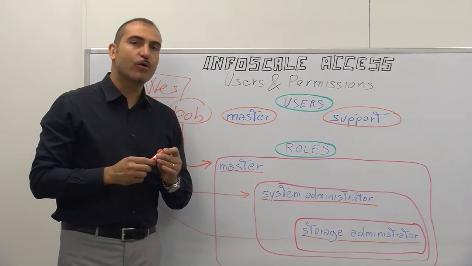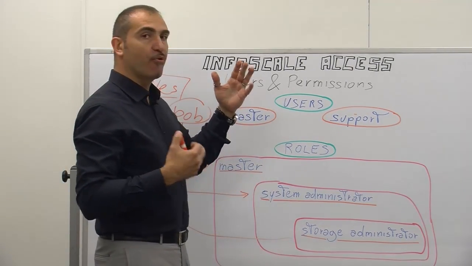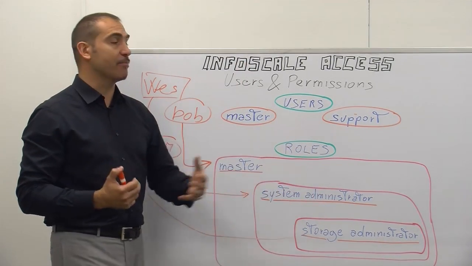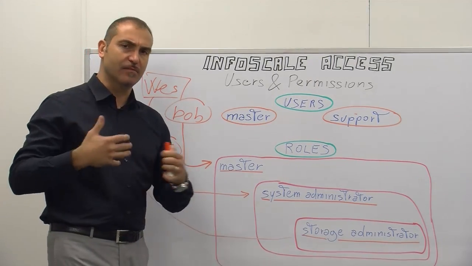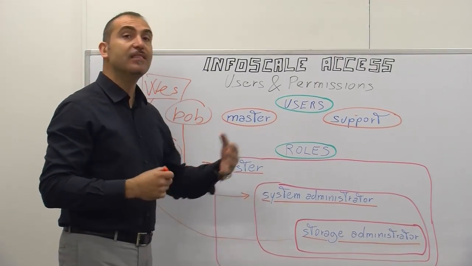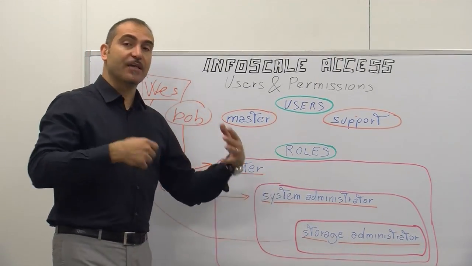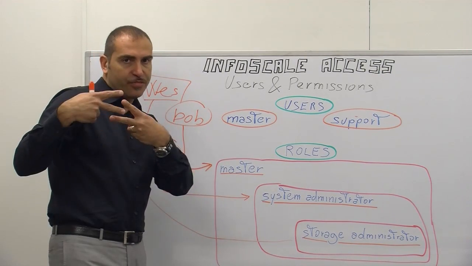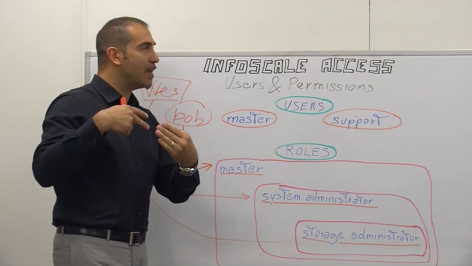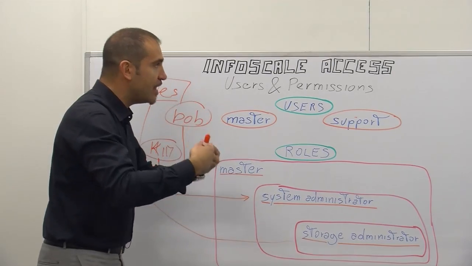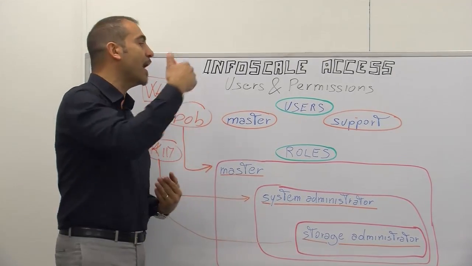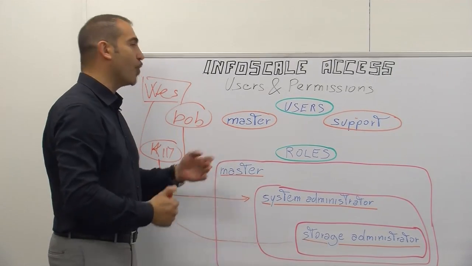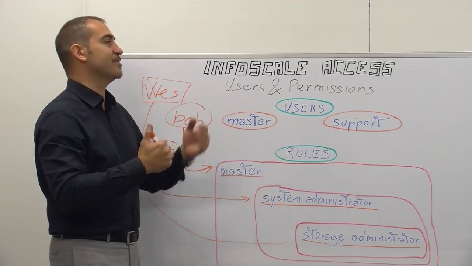The storage administrator can only provision storage and manage or administer storage, but it cannot create many structures. And it can run existing reports. So two things: provisioning storage and managing reports that already exist, that were already created by system administrators or master roles. Okay.